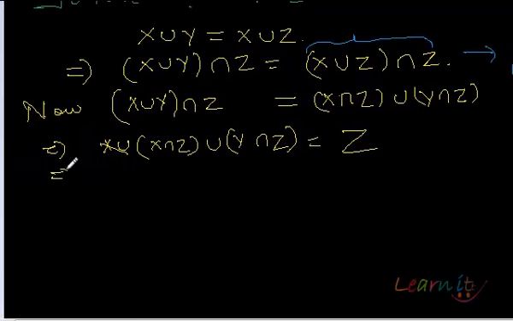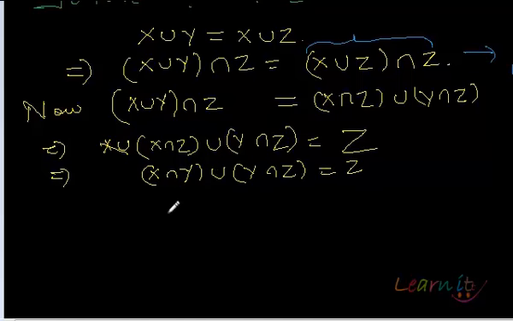Okay, now this implies, what is X intersection Z? X intersection Z is actually equal to X intersection Y, and here you have Y intersection Z, right?